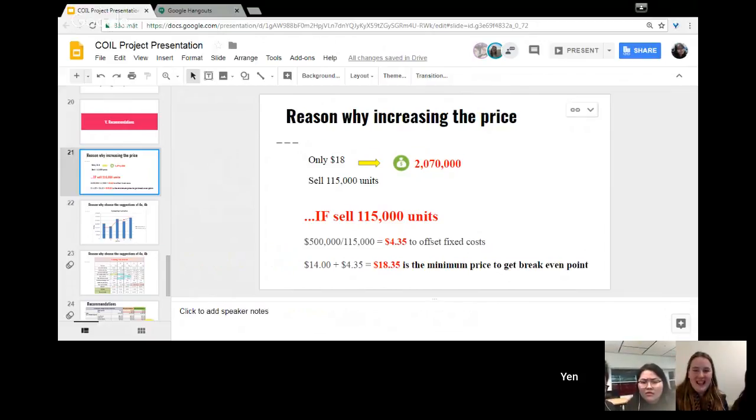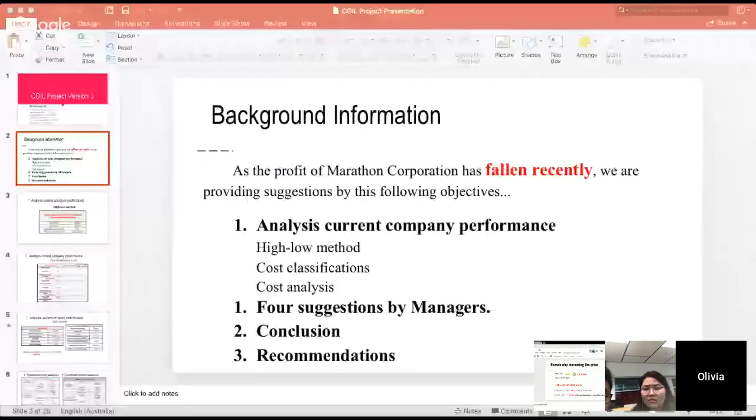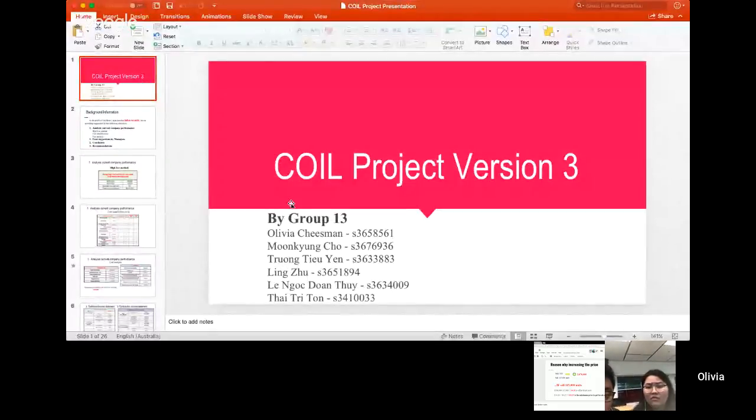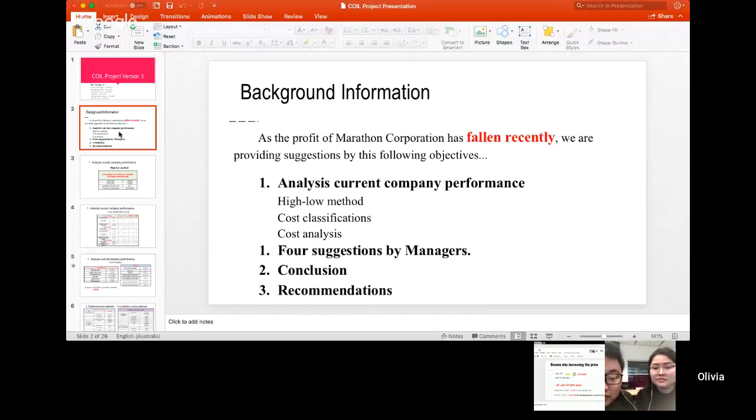So we'll start off our presentation. We're in group 13. The purpose of this project is providing proper recommendations to Marathon Corporation. Marathon Corporation is a manufacturing company that produces flash drives.